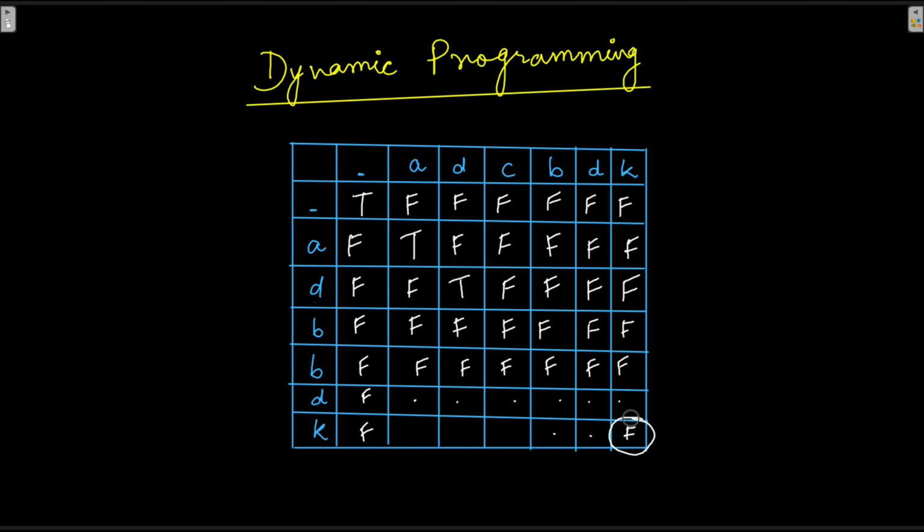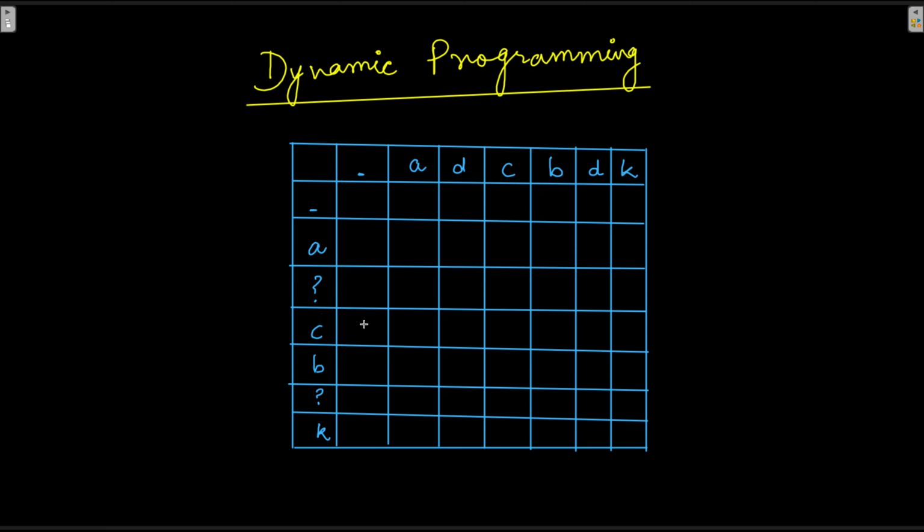And this cell gives us the answer. So this string is not a match for this string. This one is a pattern and this one is the original string that we wanted to match it against. And intuitively you can see ADC BDK is not a match for ADB BDK. If this B would have been C, then this would definitely have been a match.